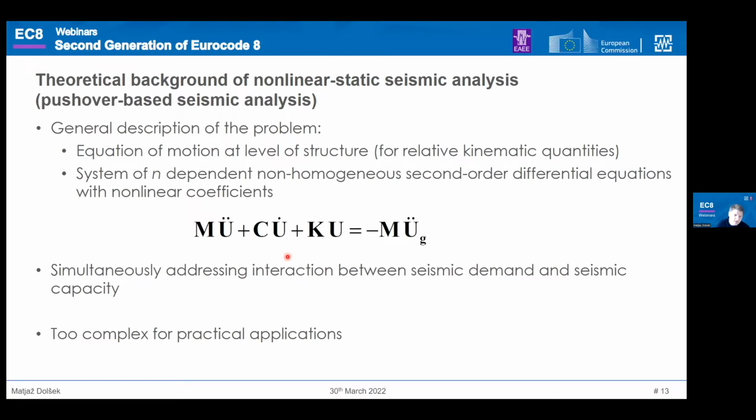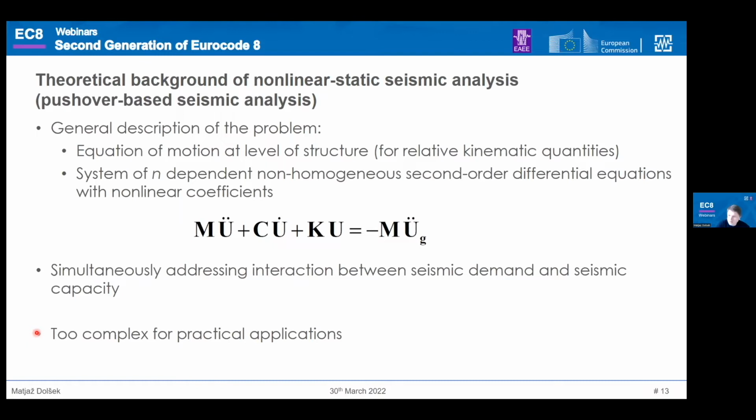So we have the inertial forces, damping forces, internal forces, and then the external load. The good thing about such a description of the problem is that we simultaneously address the interaction between seismic demand and seismic capacity. The seismic capacity is hidden in this model, while the seismic demand is an interplay of the forces between the inertia, damping, and of course the external load.